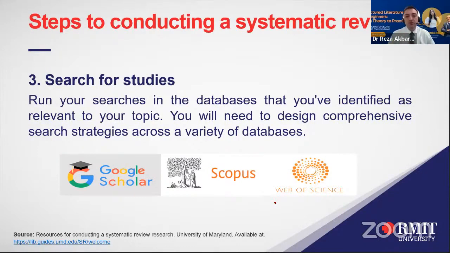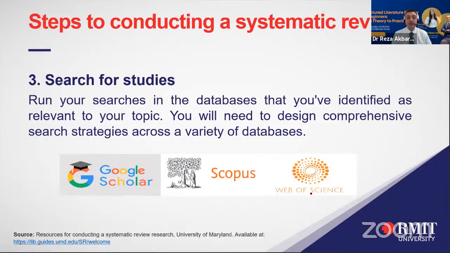When a structured literature review, a systematic literature review comes to me to review, I look at how big is the scope of the databases they're looking into. These are just some examples. Google Scholar, Scopus, Web of Science, we have so many. It's really important you pick all those famous ones and you don't miss out, because a reviewer will definitely come back to you and say, by the way, you missed out this database.